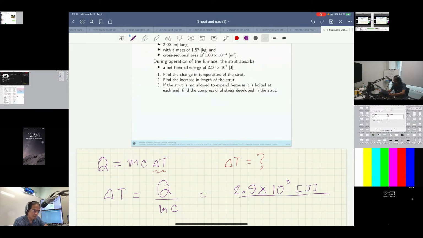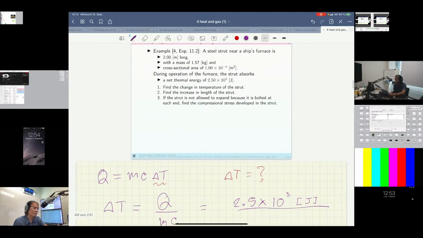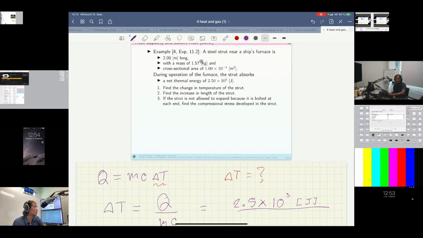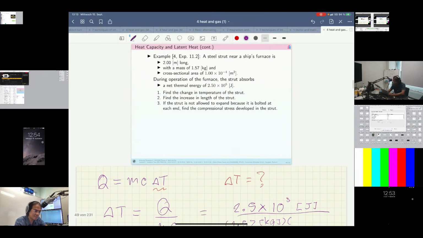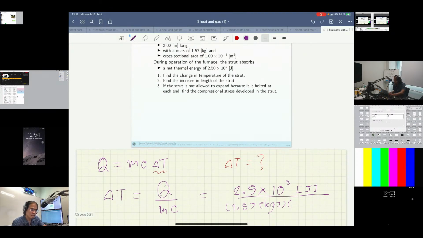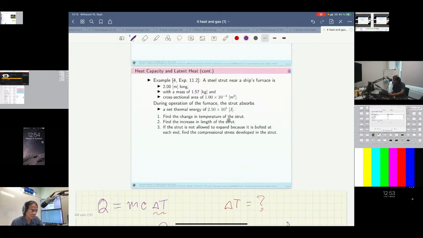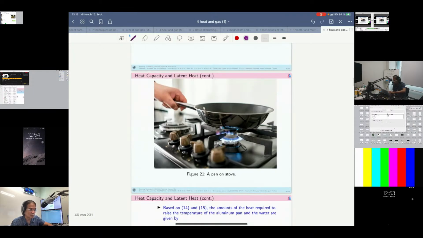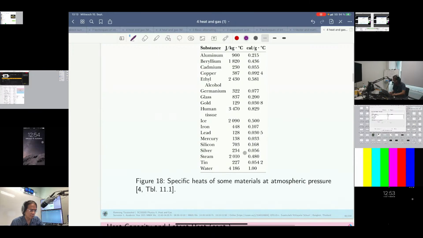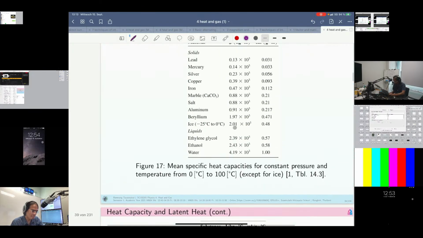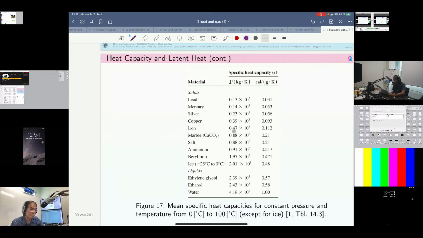Okay, and divided by m, which is the mass of the strut, in this case 1.57 kilograms. c is the specific heat value, in this case for iron, and we may take the value here, 448 or 470, as you like.